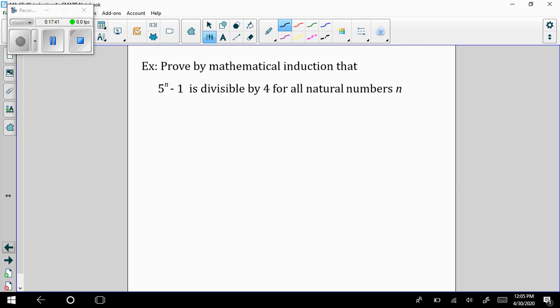All right, so one last one here. This one shouldn't be that bad. Okay, so we're going to prove that 5 to the power of n minus 1 is divisible by 4 for all natural numbers n. All right, so step 1.